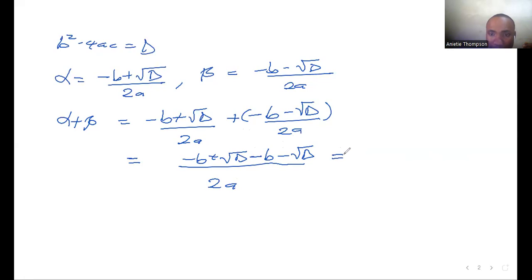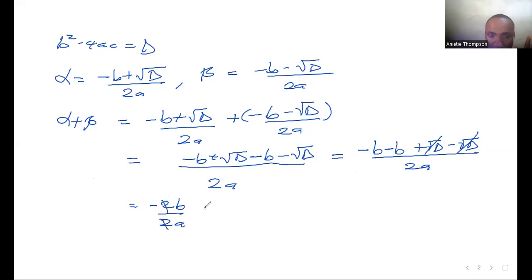We collect like terms, so we have minus b minus b, plus square root of d minus square root of d, divided by 2a. You can literally see that the square roots will cancel. That gives us minus 2b all over 2a, where the 2s also cancel, and that gives us minus b all over a.